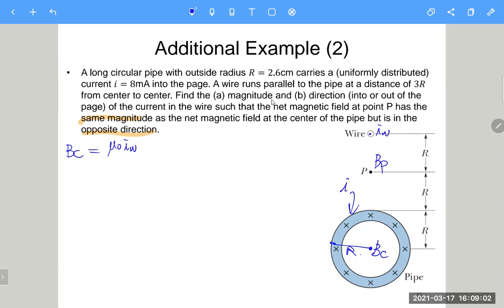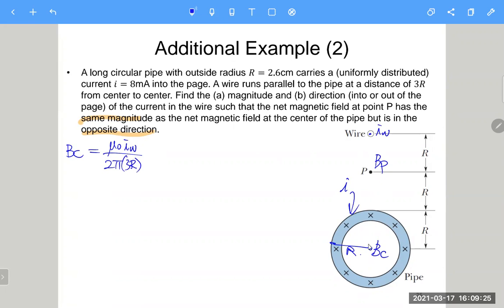We need to find the magnitude and direction of IW. The distance from this point to this point is 3R, so we have 3R here.